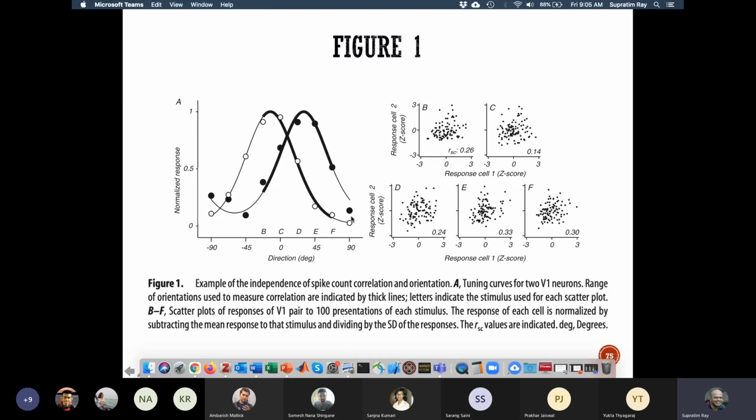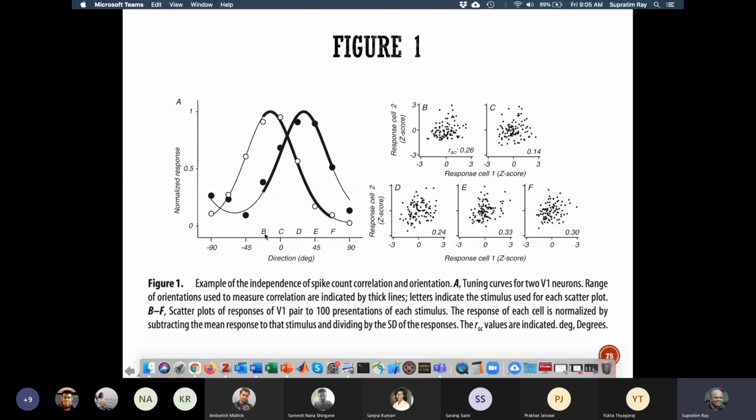Tuning curve just means that as I change the orientation, how is the response going to look? That is the tuning or the preference of the neuron. One neuron likes about 0 degrees, the other neuron likes 45 degrees. So they have slightly different tuning preferences.